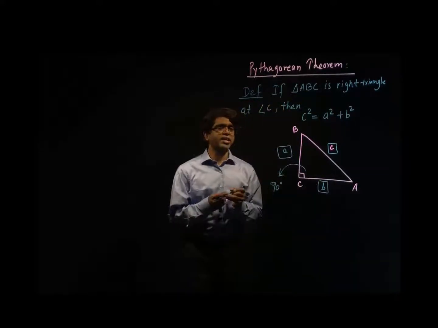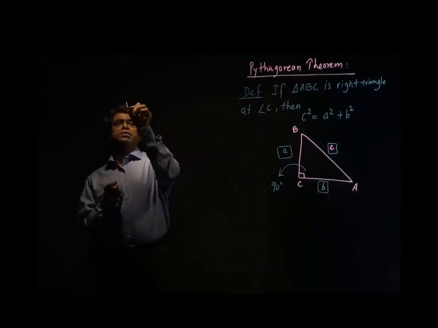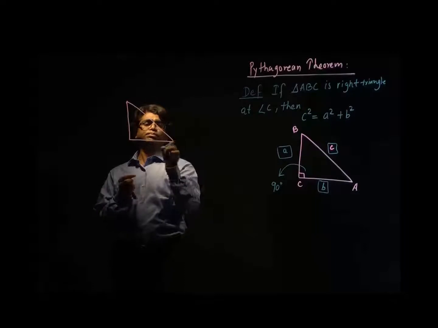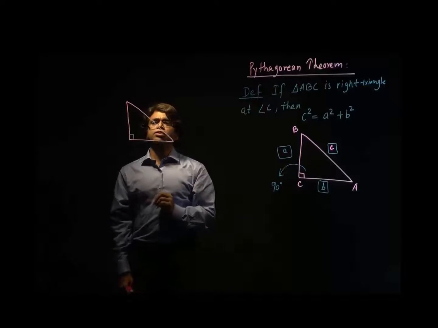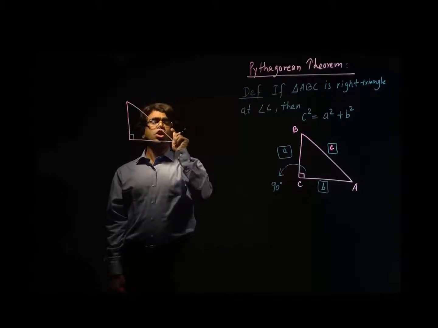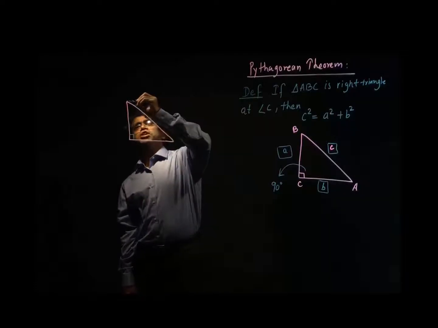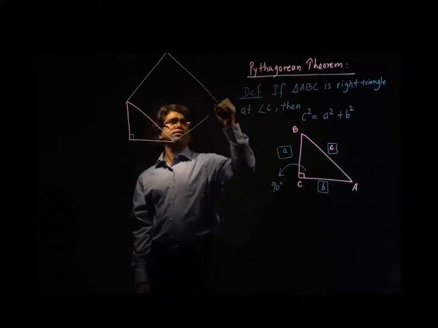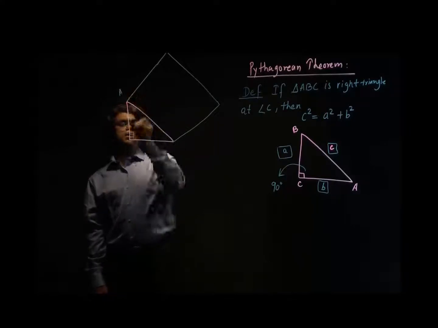Now let's try to understand this more thoroughly. I'm going to draw a triangle. This is my right triangle, right angled at this angle. In order to satisfy the Pythagorean theorem, we need to draw a square on each side of the triangle.